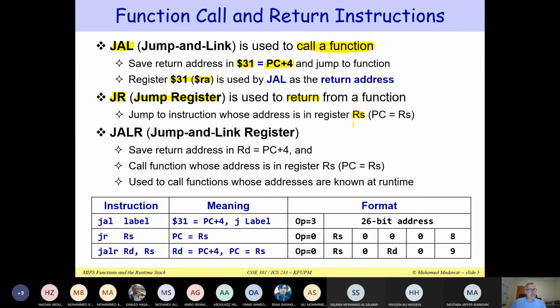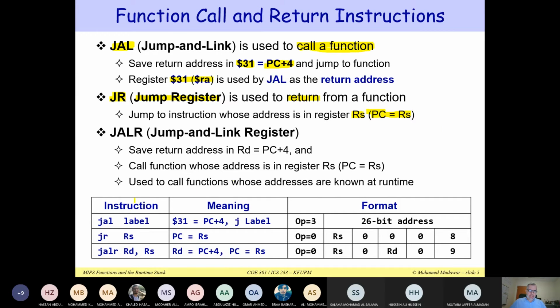When you write the instruction, you can say jump register and specify a source register RS. What it does is change the program counter to become the address which is in RS. So it changes the value of PC to become RS. So these are the 2 instructions which can initiate a function call and return from a function.